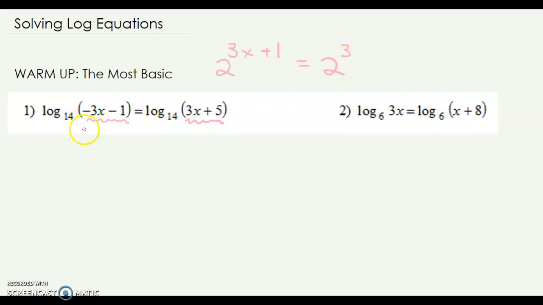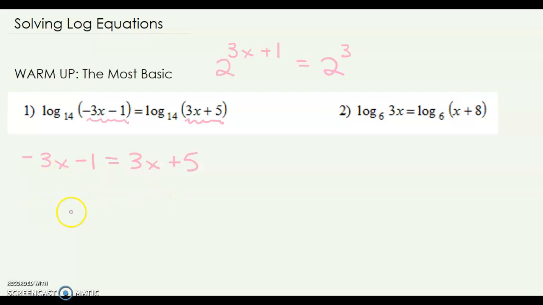The same thing applies with logs. If we have a log base 14 of an argument equals log of the same base, in this case 14, of an argument, those arguments are going to be equal to each other. And so, of course, we can set those equal to each other and solve for x.